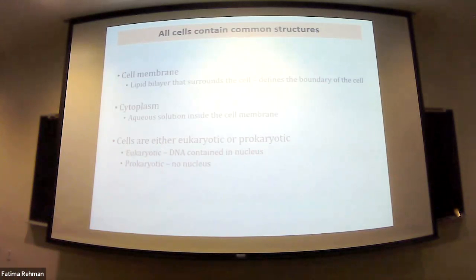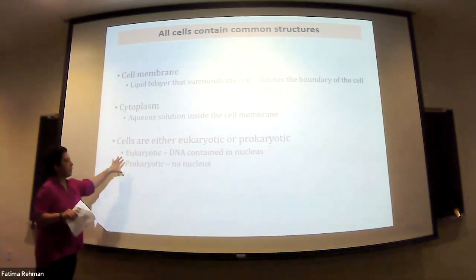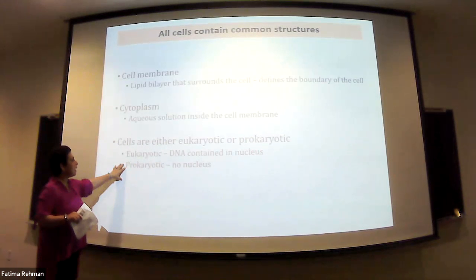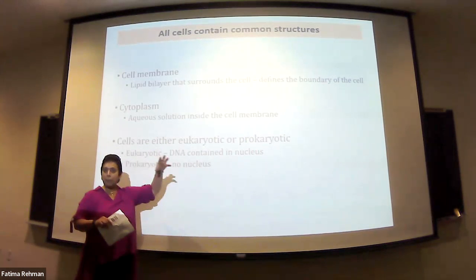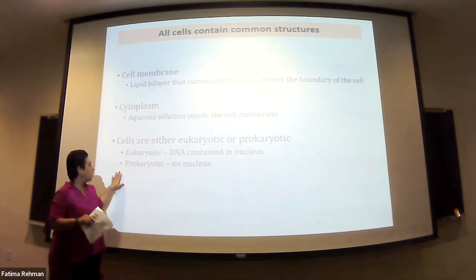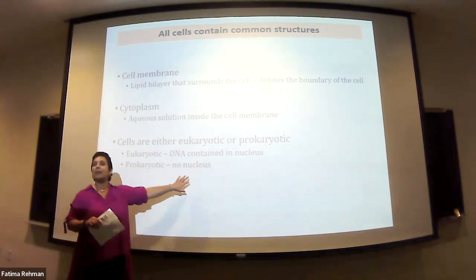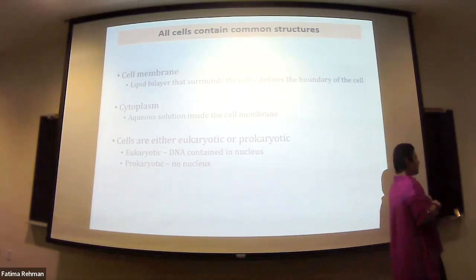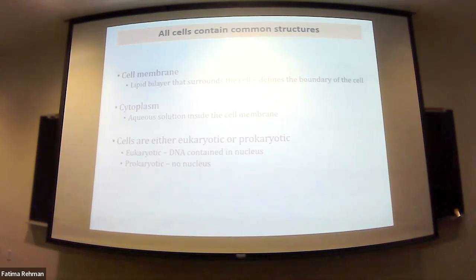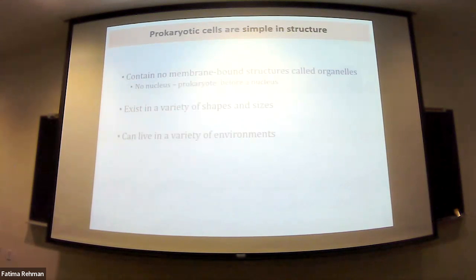Okay, and then cells, based on how they are organized within the inside, can be either eukaryotic, where they have a central command center in the form of nucleus, or they can be prokaryotic, where there is no nucleus. Throughout the rest of the semester, I will keep bringing archaea up when there are similarities between them and eukaryotes to kind of highlight how it is that we find that they are closer to eukaryotes.